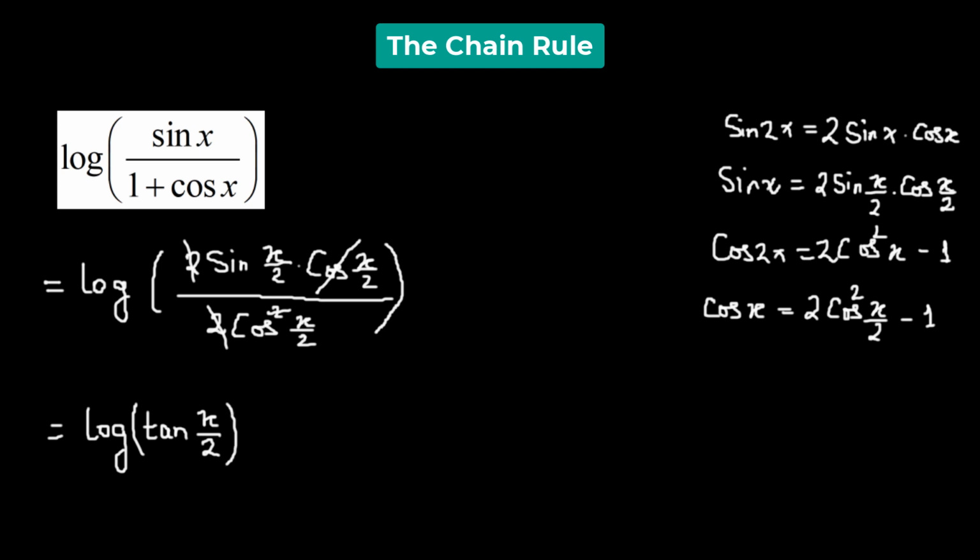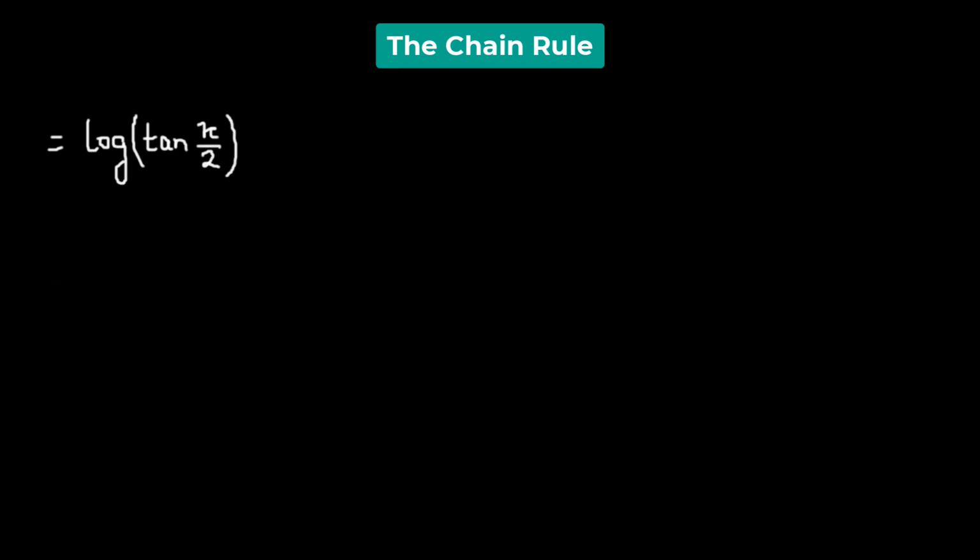Now we will find the derivative of this particular function. So the derivative of the log of tangent x over 2 will be equal to, where we're going to apply the chain rule. For that we will assume tan x over 2 is x. So that means we find the derivative of log of x, which is simply 1 over x.